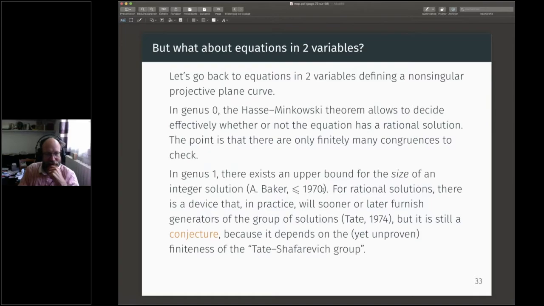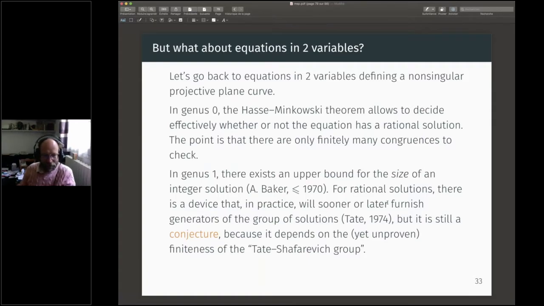And so if you have a bound for the size of an integer solution, you can just try all integers below that size. For rational solutions, it's still unknown, in fact. In 1974, the American mathematician John Tate invented a way that in practice always furnishes you the finitely many points by which you can generate all of them.